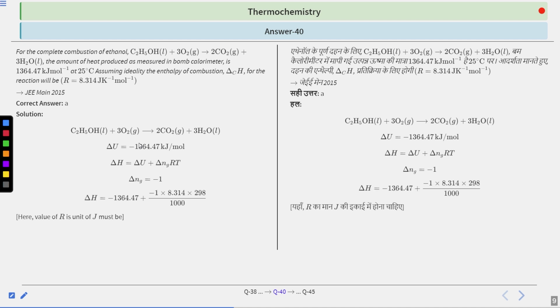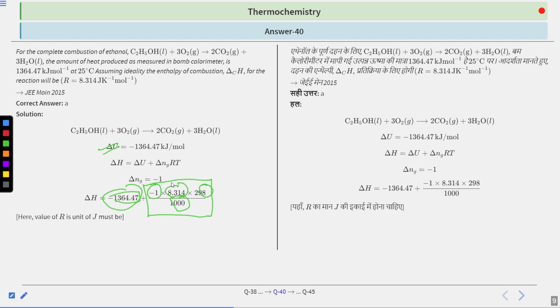Putting all these values here, this is given already. I have put it here: minus 1, 8.314298 by 1000. So why are we dividing it by 1000? Because delta U is already given in kilojoule per mole. To add this whole term and this whole term, we need to keep their unit the same, and also we need the value of delta H in kilojoule per mole.